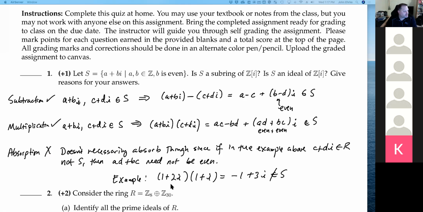An example of that is if you take 1 plus 2i and multiply it by 1 plus i, then you don't get absorption there when B is even. It's just B, it's not A, right? A can be anything. But if only one of the two has an imaginary term that's even, then you can end up with a product where the imaginary term is not even. So it does not absorb.